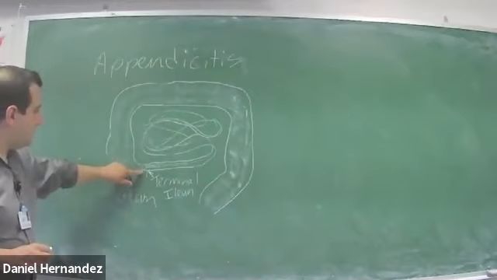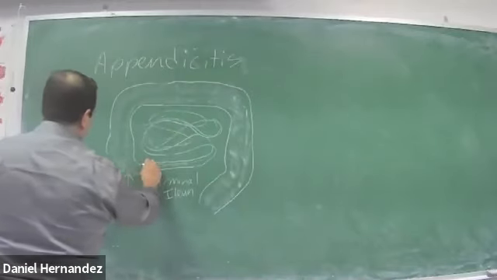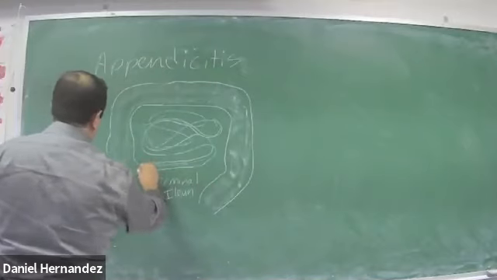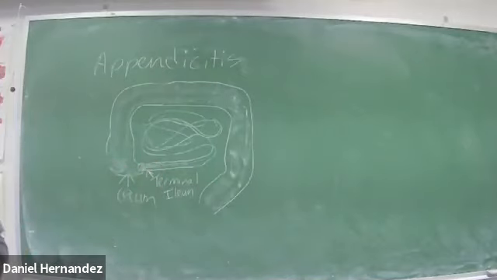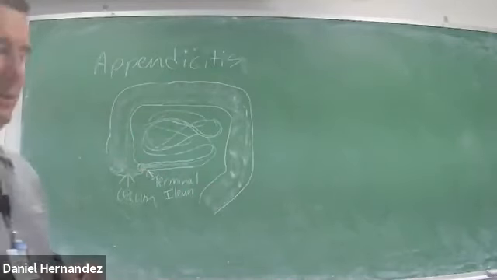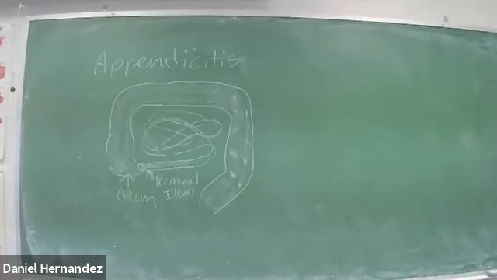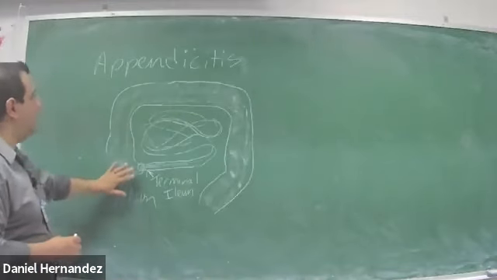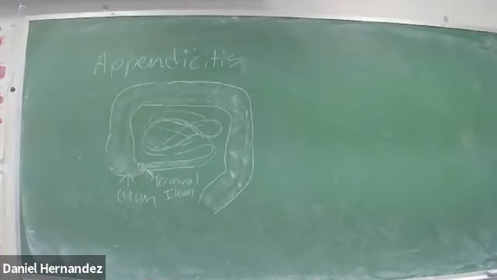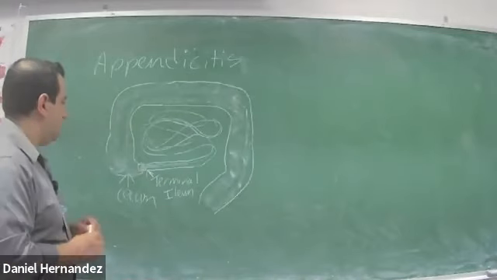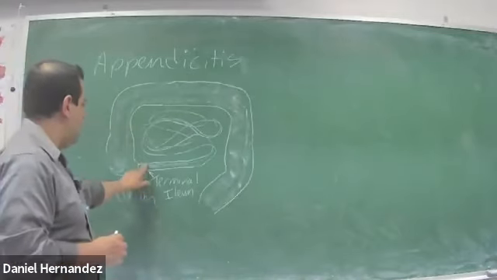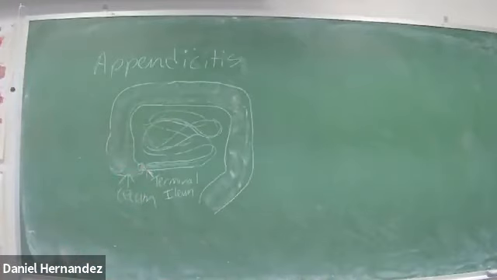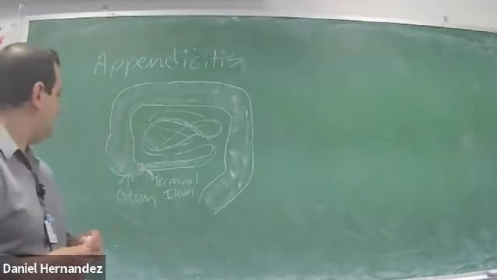Where the two connect is called the ileocecal junction. That's going to become important when we get into intussusceptions. So the base of the large intestine over here is called the cecum, and the end of the small intestine where it connects to the large intestine is the terminal ileum.